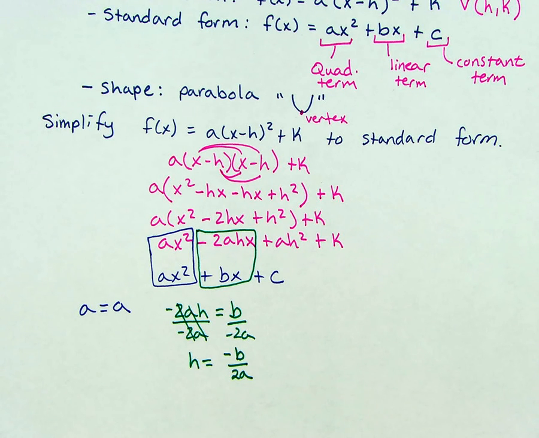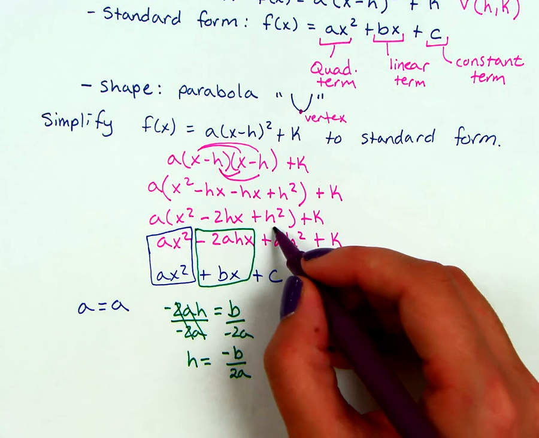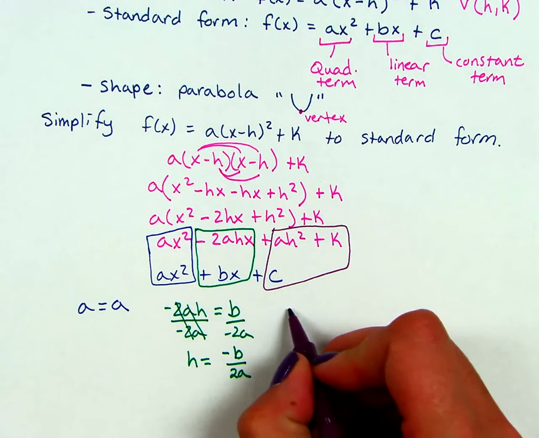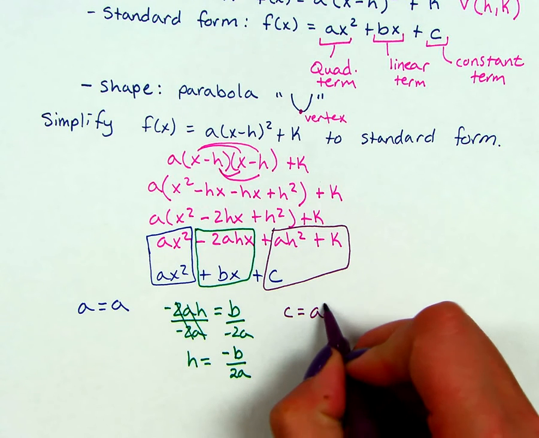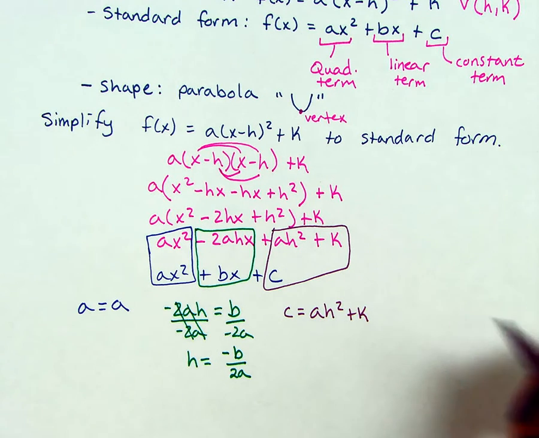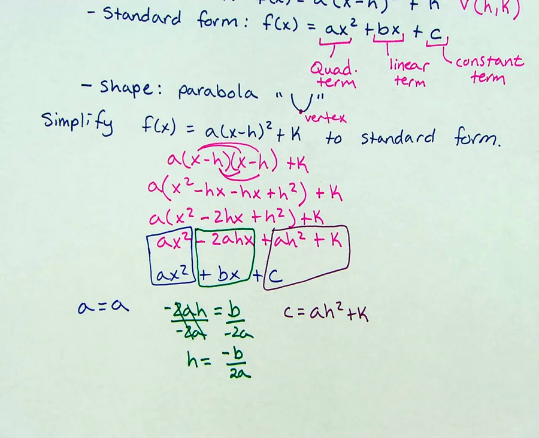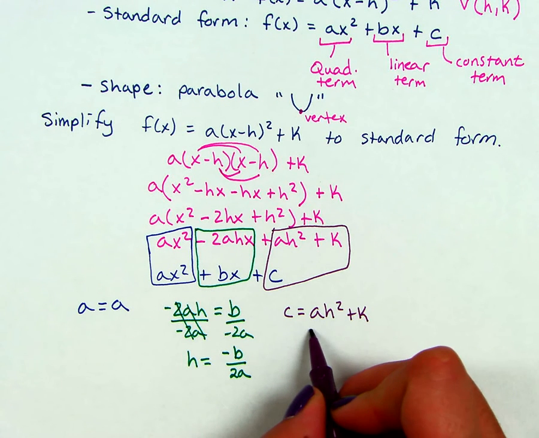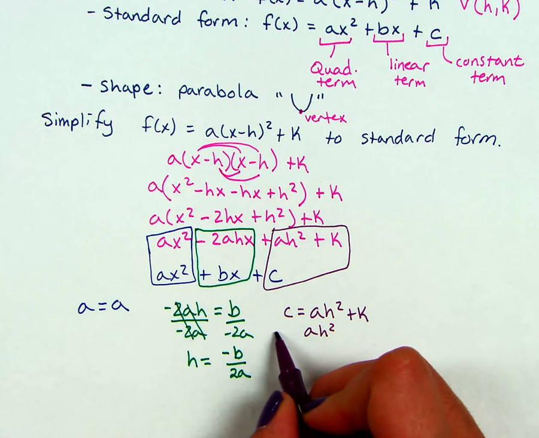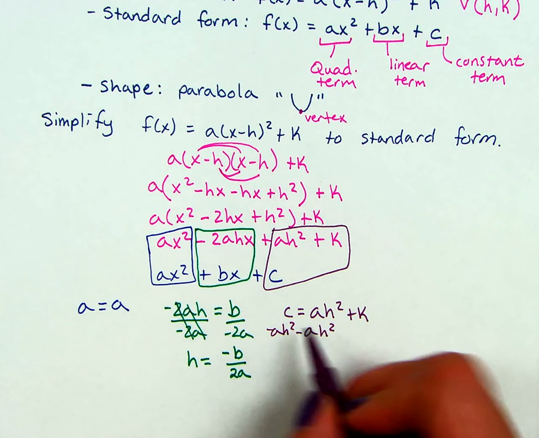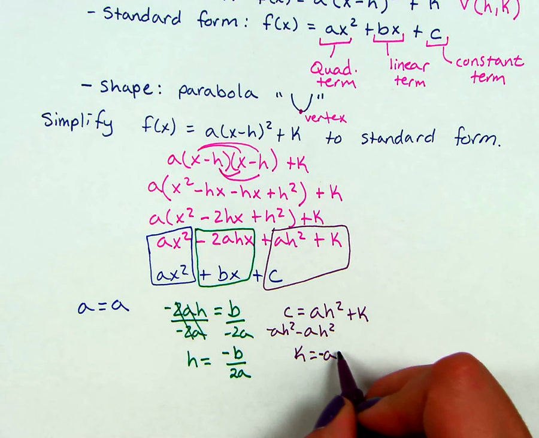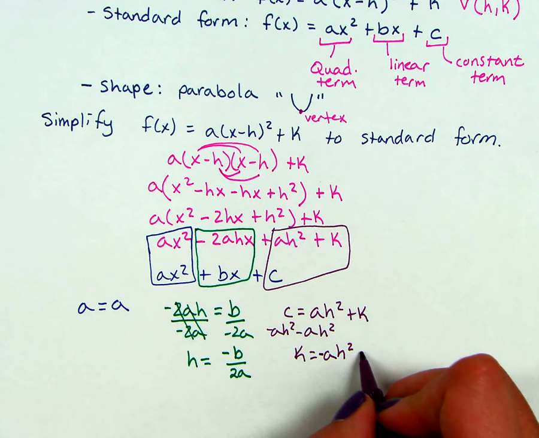And then our last part, the constant, so that's our c, is going to be all of this. That means that c equals ah squared plus k. If we really wanted to, we could solve this for k. I would subtract ah squared to the other side, so we would have k equals negative ah squared plus c.